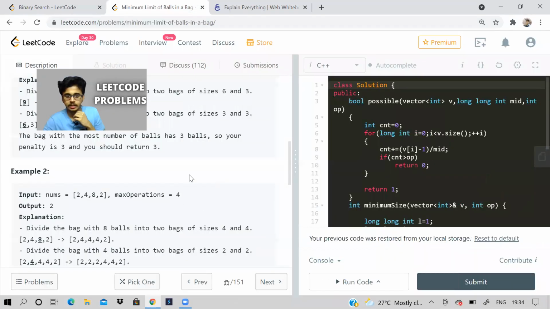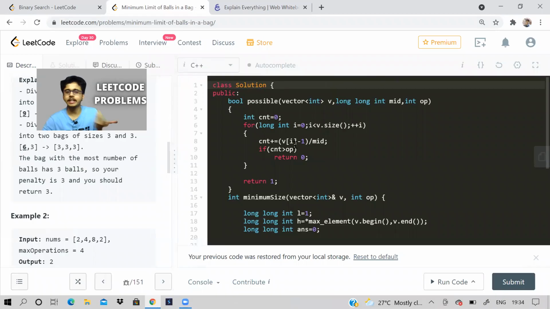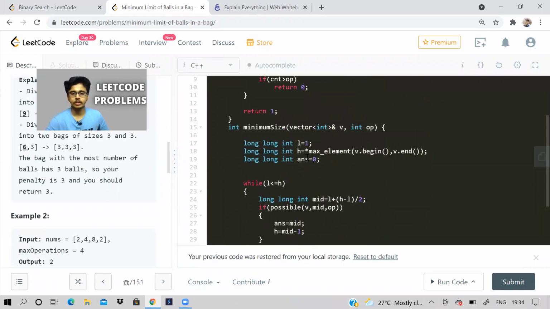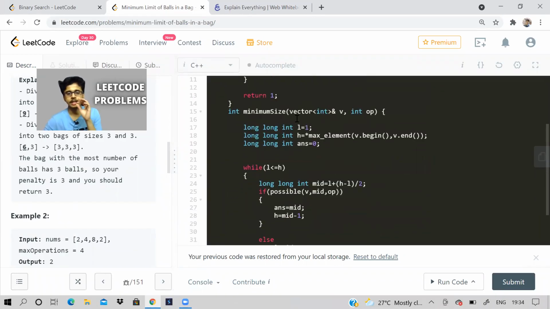I have coded it. It will be very easy for you to code it actually, but look at it. So we are given vector v, which represents number of balls in bag. Int op, it is number of operations maximum. So I have taken my search space. L is 1, H is the maximum element in the given input.